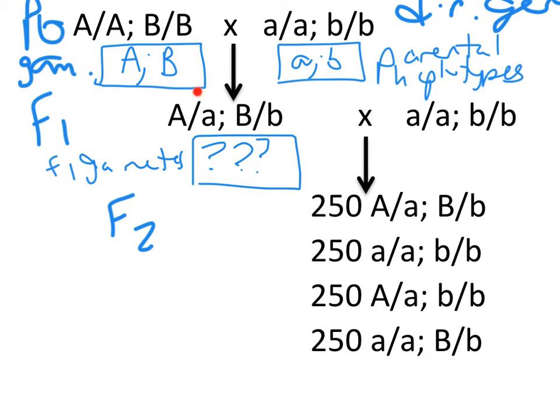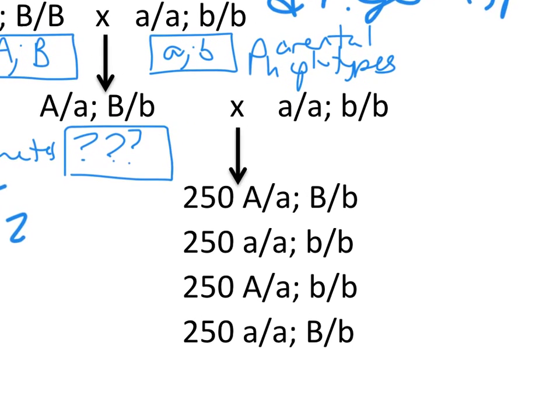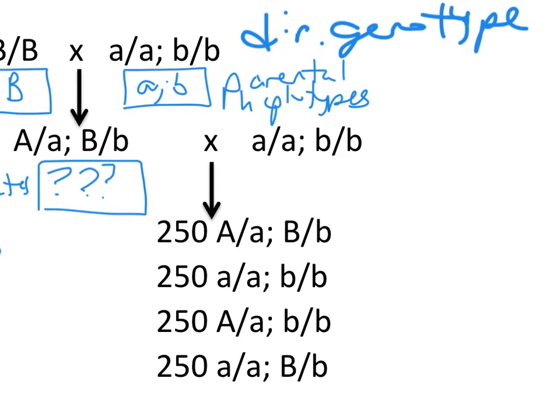While we're at it, though, what do we call this F1 genotype? This is a what sort of hybrid? 2 loci, dihybrid. Who's this? This genotype we call a tester. The tester is always homozygous for the recessive alleles.